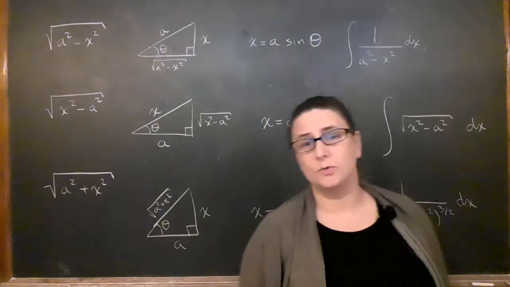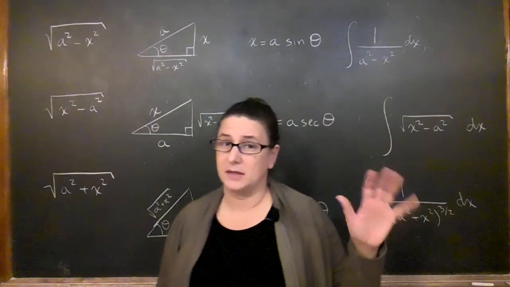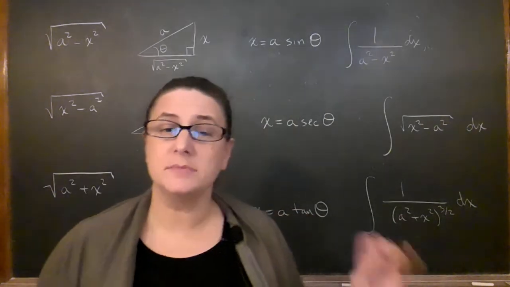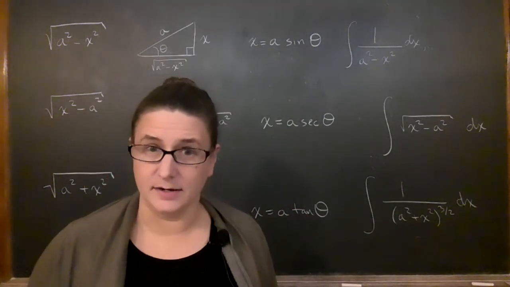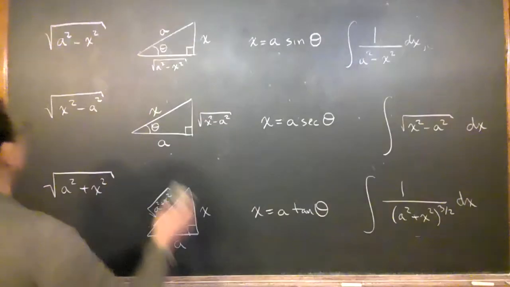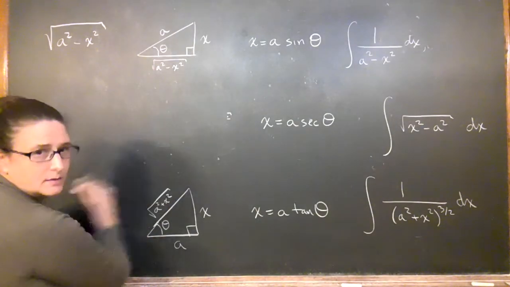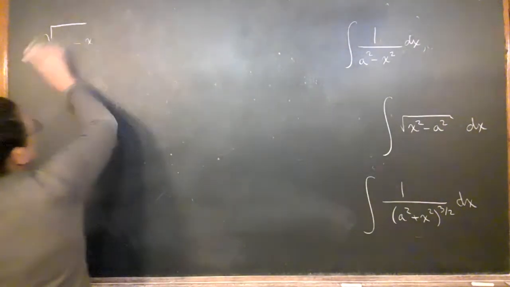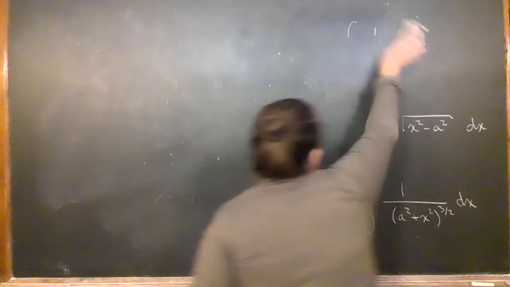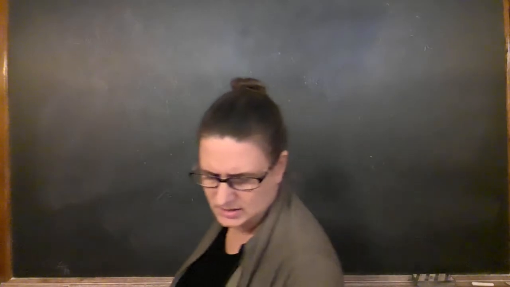Now, I also want to give you some hints about how sometimes we can actually get away with not using this technique. Here's some examples. Let's just take our first example that we did, which was this.